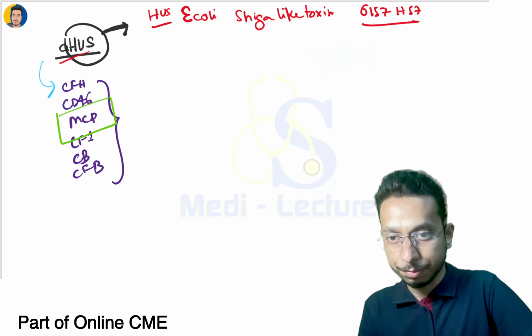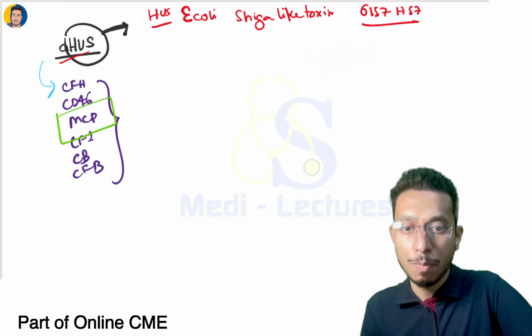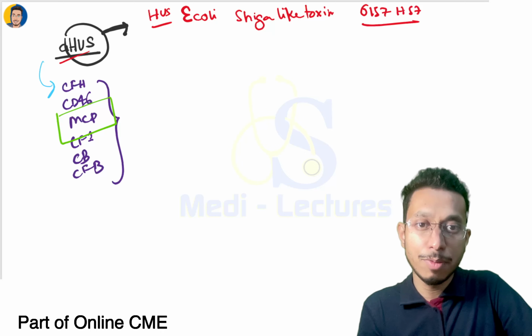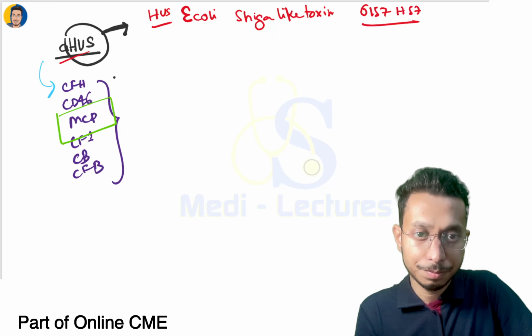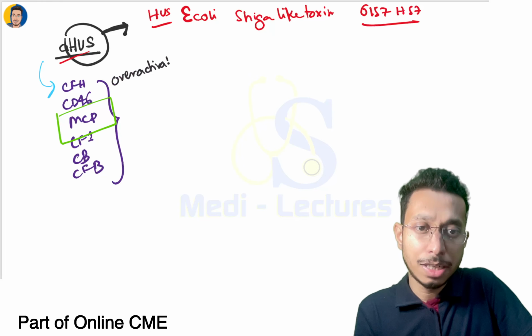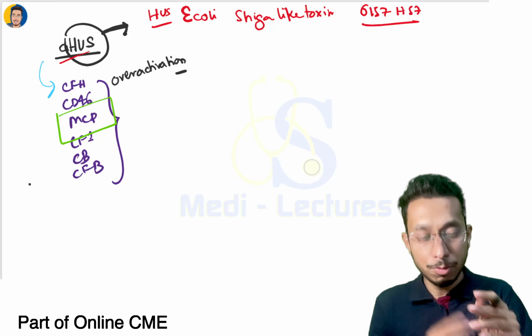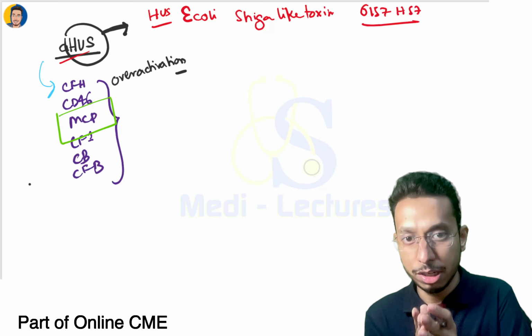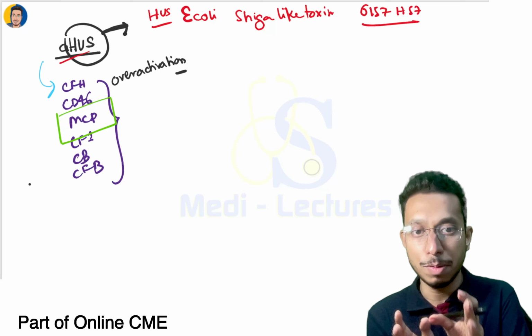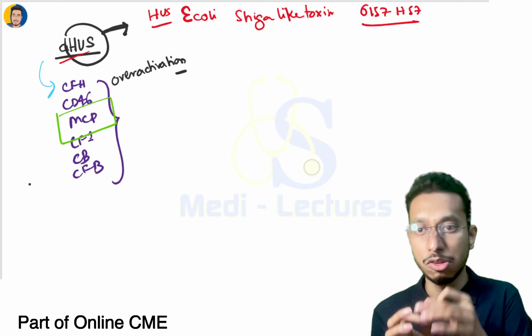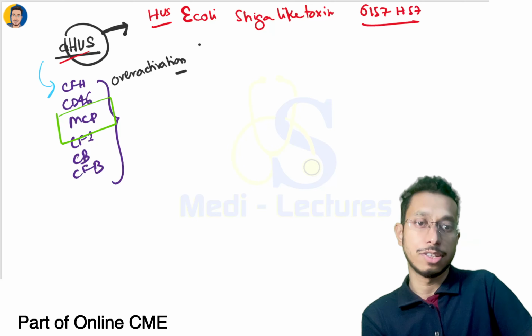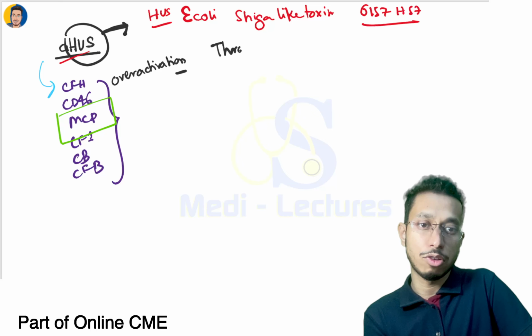Therefore, this overactivation of complement, better to say improper activation of complement, results in hemolysis. Now the important thing to note here is that this activated complement not only lyses the red cells, it also starts to lyse the thrombocytes.